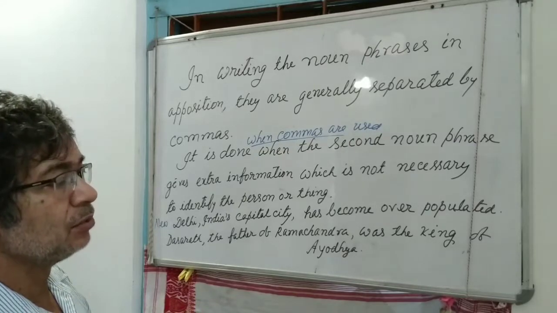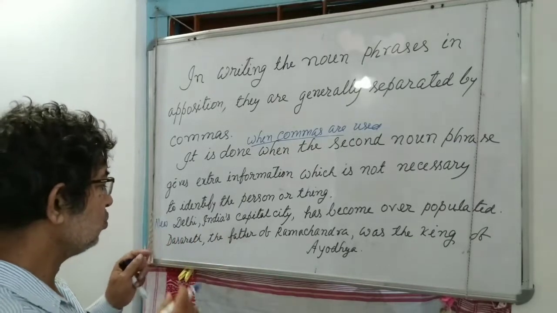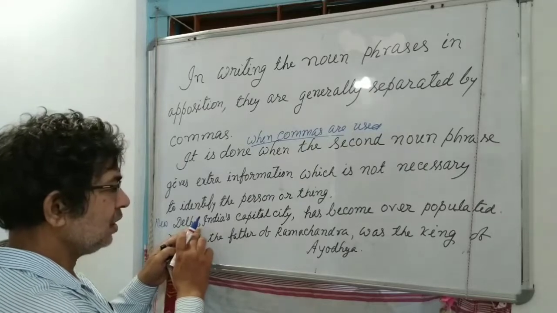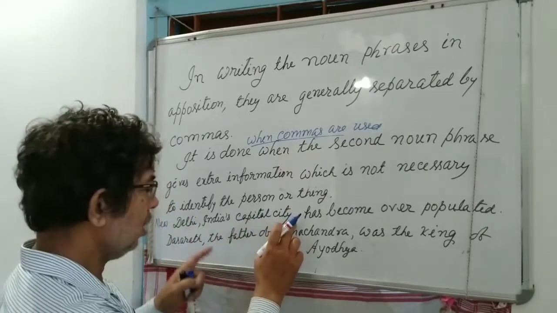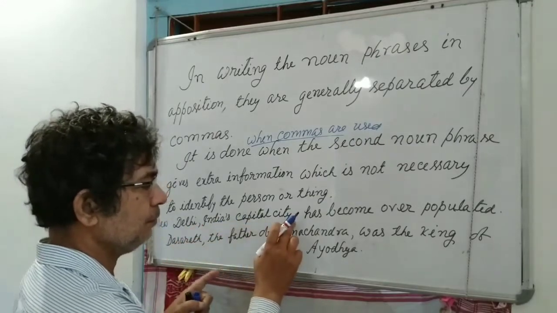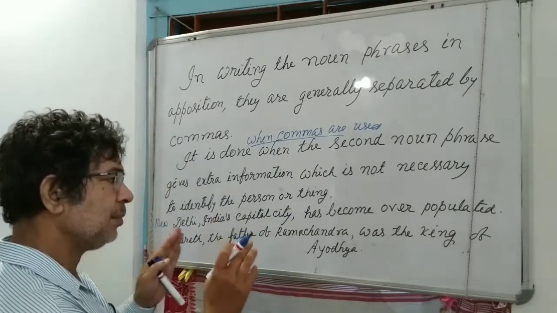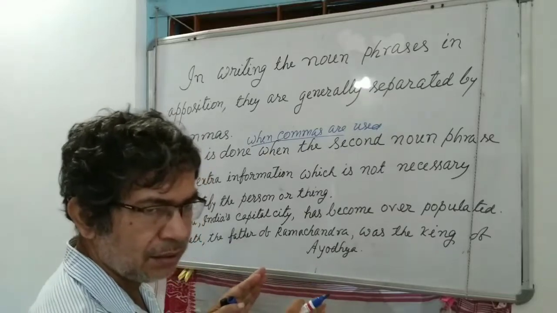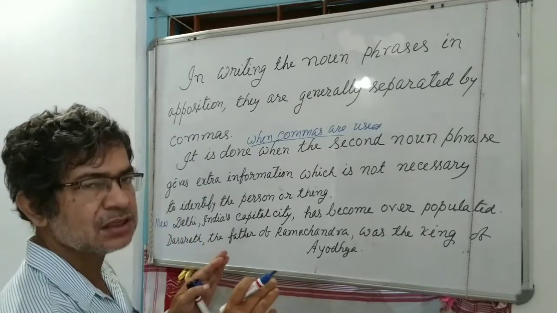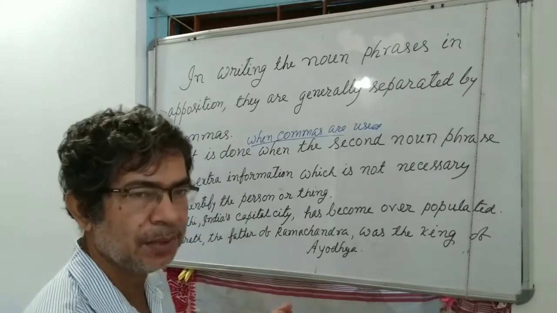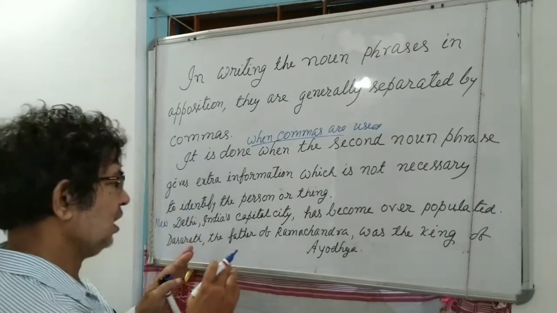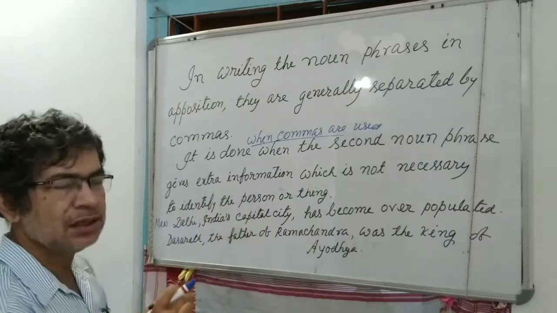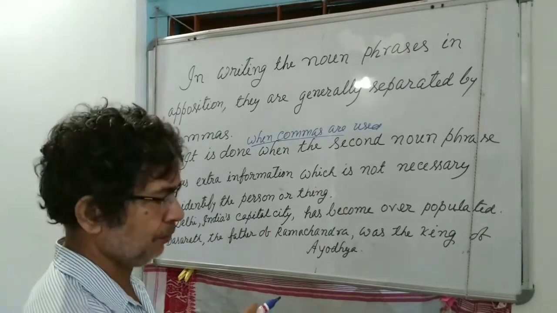So we use a comma after Delhi and after the second noun, the noun in apposition, India's capital city, because we give some extra information about Delhi, but this information is not necessary to identify what place Delhi is. In such a case, it is used with commas.